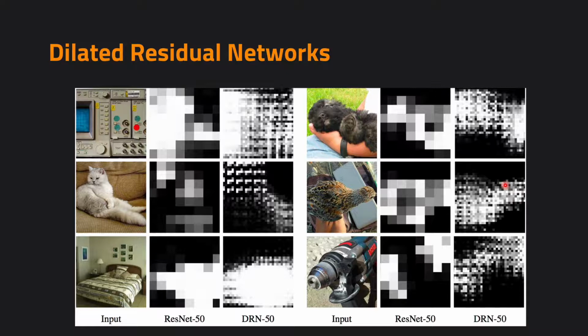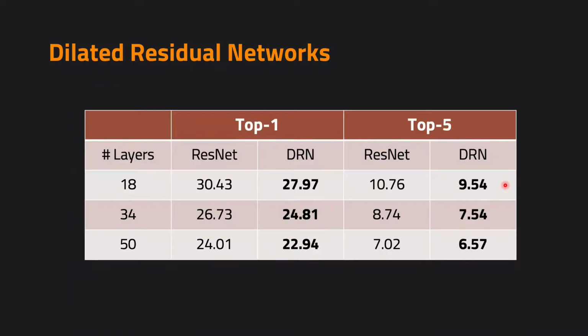Basically, we have a weaker label, the label of the whole image instead of a label for each pixel, but we can predict the label for each pixel after training the whole model. We also find that just by increasing the resolution of the feature map, we can directly get much better performance. For example, if we use ResNet 18 and dilate it with our scheme, we can improve accuracy by more than 2 points on ImageNet classification, and the trend is the same for all the other networks.